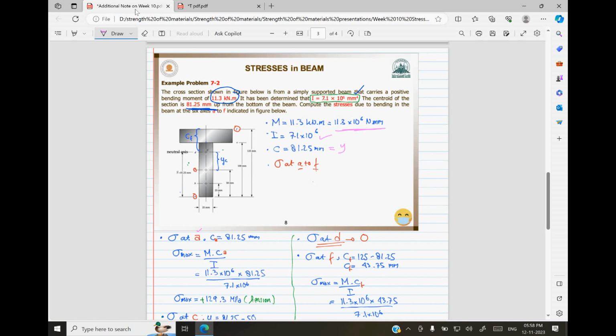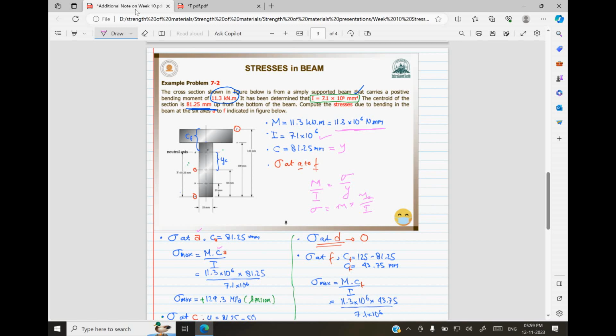See, M by I is equal to sigma by Y, is it not? So now if I want sigma, sigma is equal to M into Y by I. Here in this, he is showing it not as Y, he is showing it as C. Understand? Instead of YA, he is writing CA. That's all, nothing other than that.